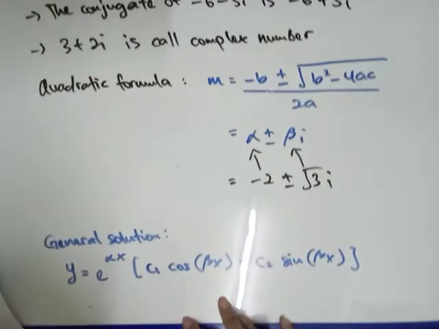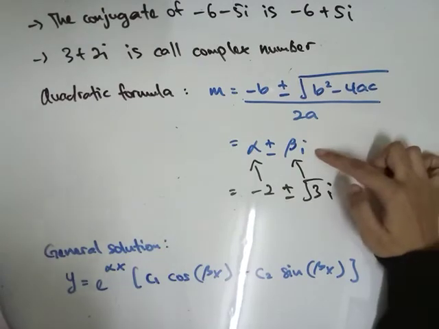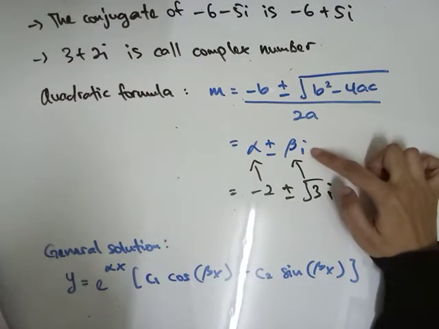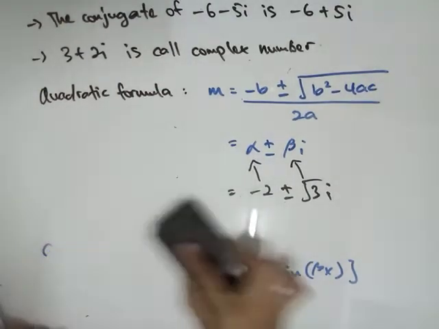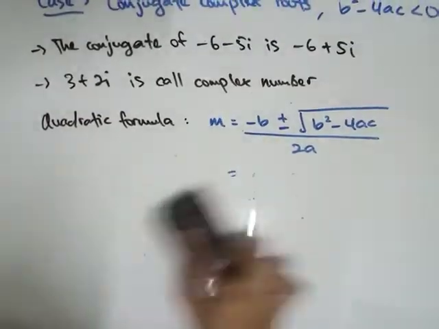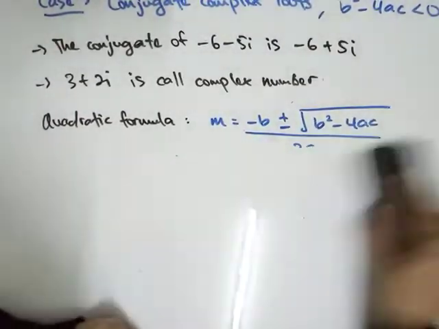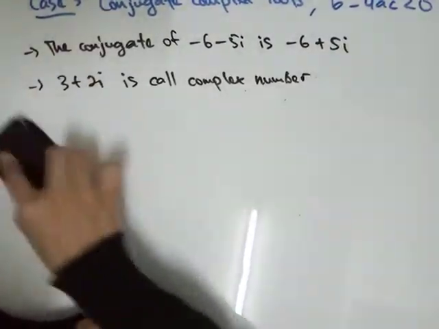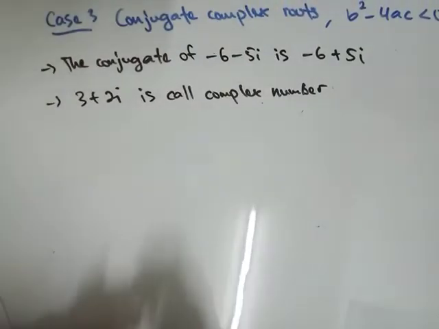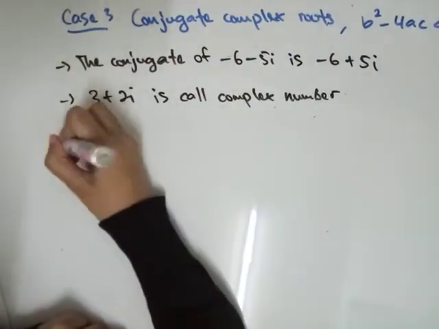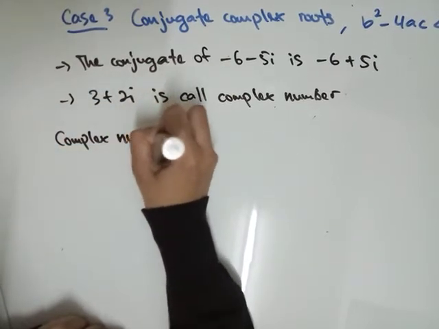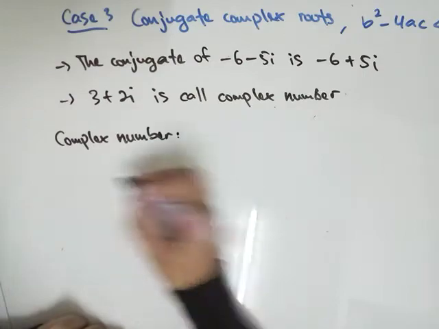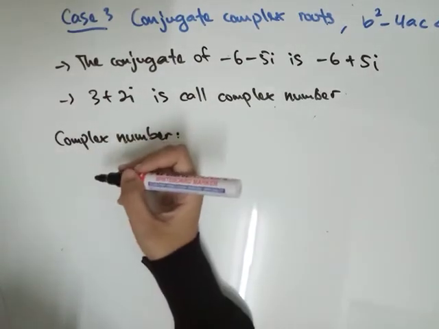For case 3, mungkin ada yang tertanya-tanya tentang i ni. I ni apa dia? Kita recall balik complex number. How to identify a complex number?